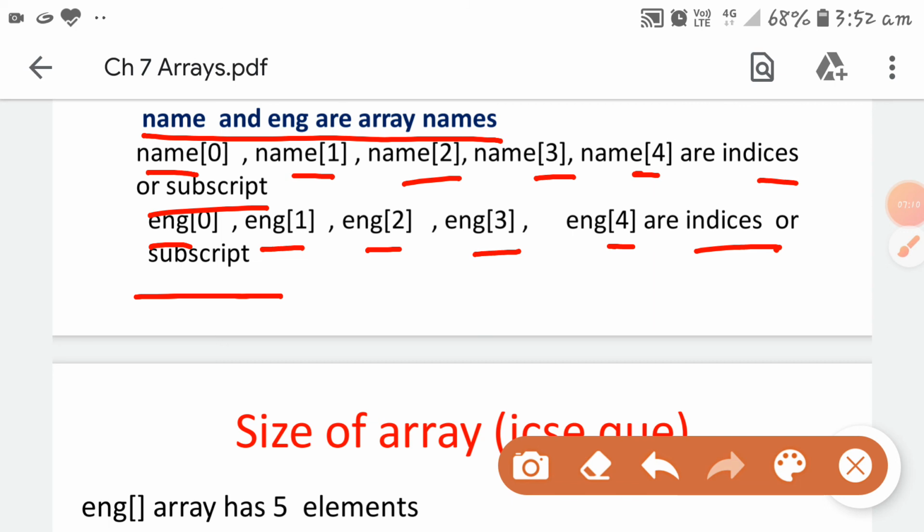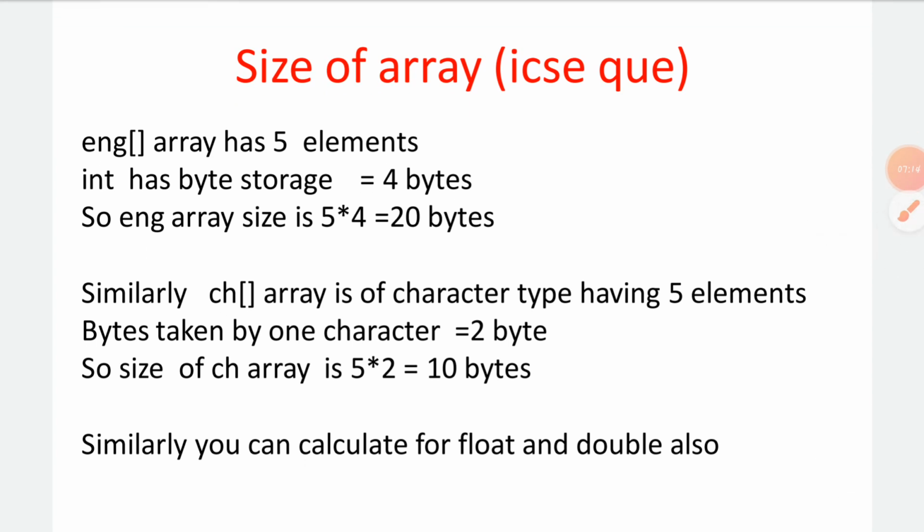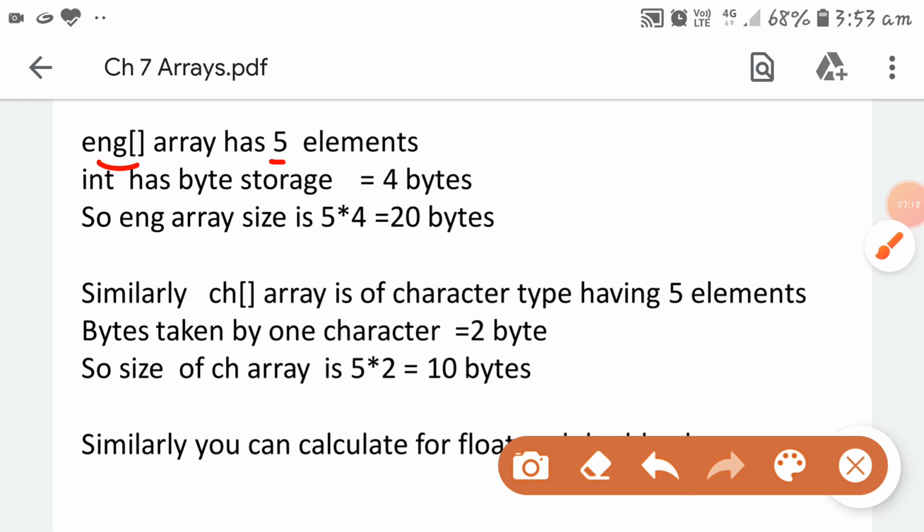My next topic is the size of the array. It is an ICSE question. The English array has 5 elements and is of integer type. One integer has 4 bytes, so the total number of bytes is 20. Similarly, a character array has 5 elements.